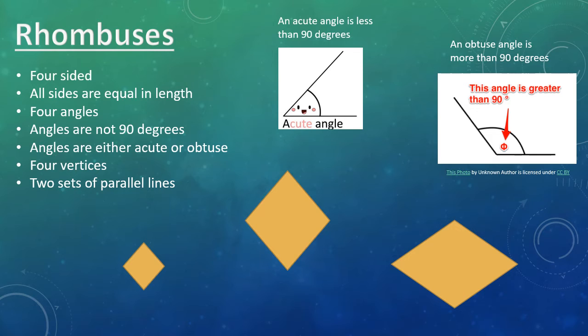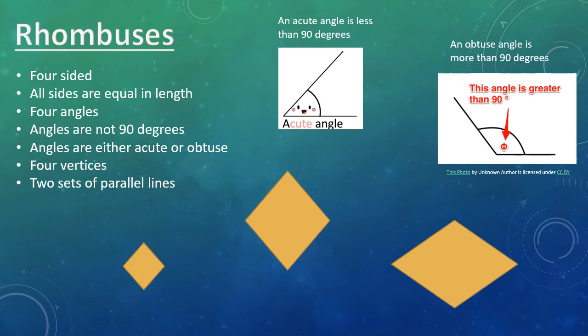Sometimes people confuse rhombuses and squares. They do look very similar. But what's different about a rhombus is that the angles are not 90 degrees. When you are looking at a rhombus, you are looking at angles that are either less than 90 degrees or more than 90 degrees. So rhombuses are not squares.